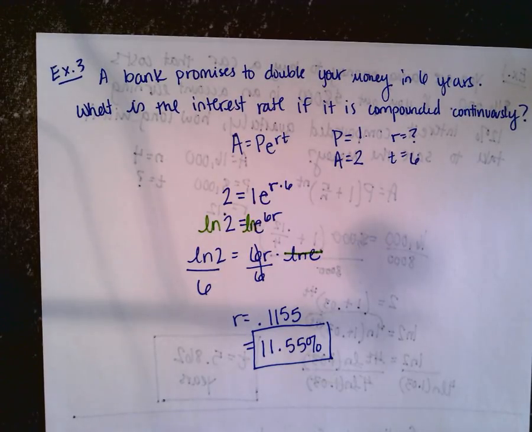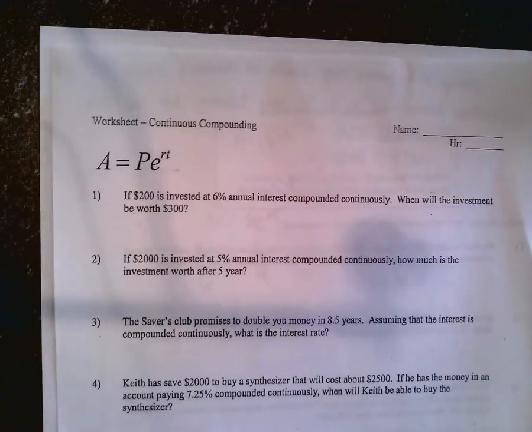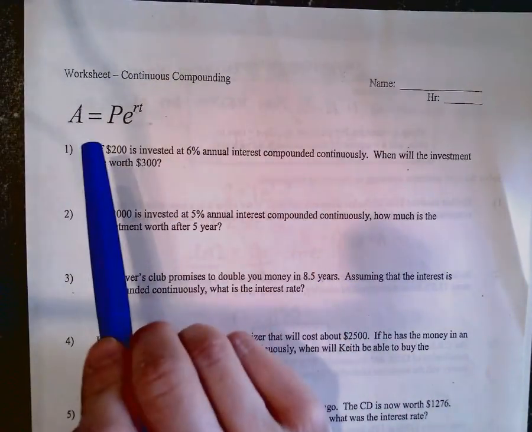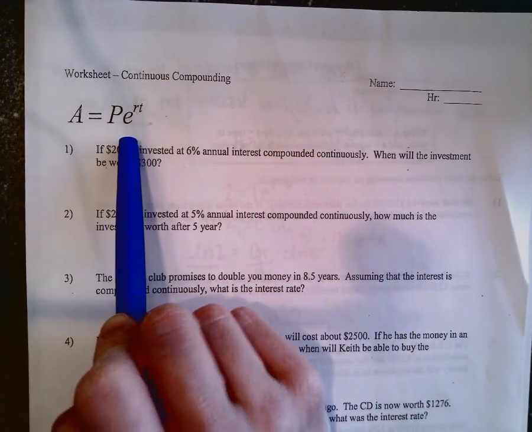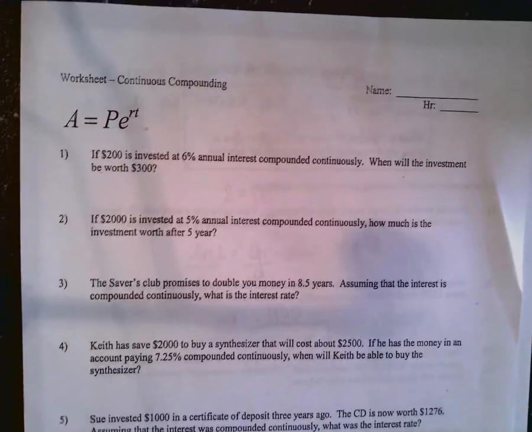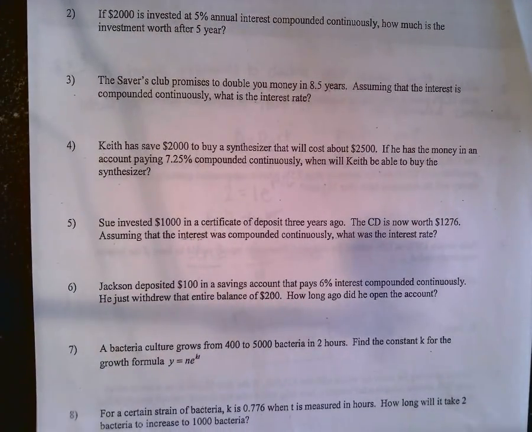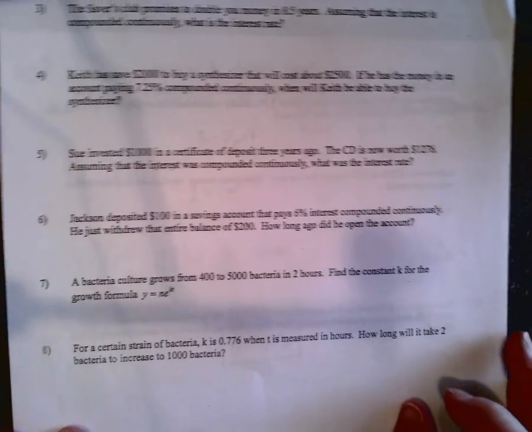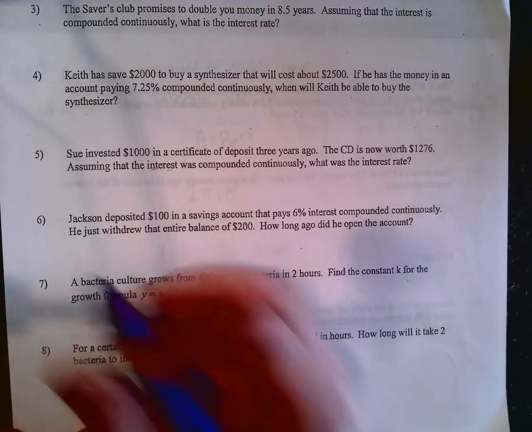Alrighty, so your worksheet looks like this. One side is continuously compounding, where you'll be using the PERT equation, solving for different parts of the equation. Here at the bottom, numbers 7 and 8 deal with bacteria growth. So that also is modeled exponentially with the same equation, basically.